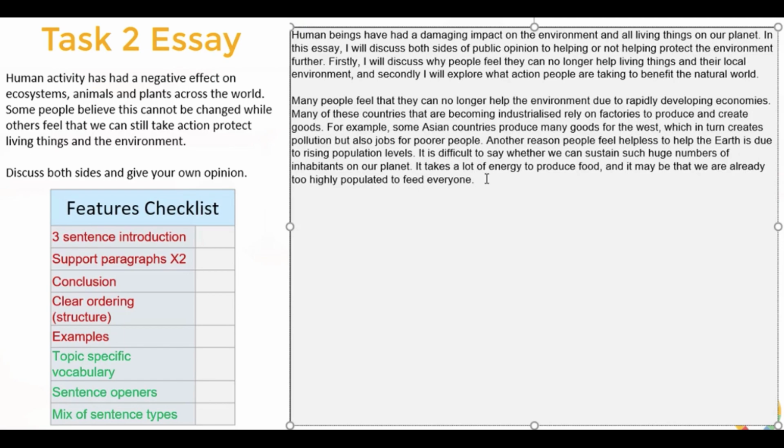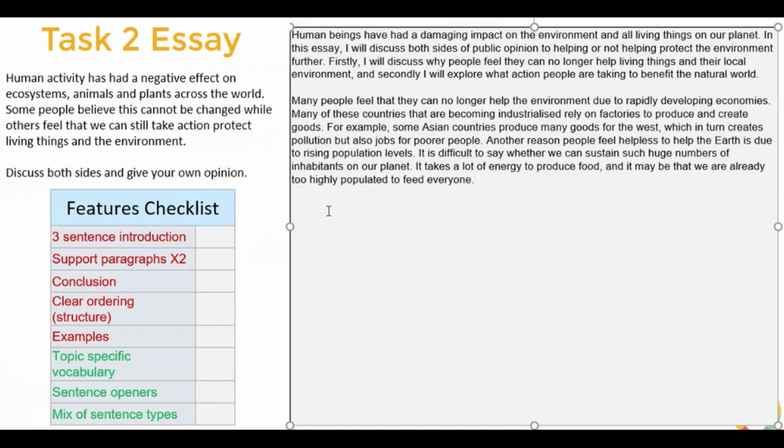Okay, so let's move on to my second body paragraph, which is going to talk about people who believe we can still save the Earth. So in my plan, I think the first point I made was about solar energy. So let's talk about that. We'll create a topic sentence now to introduce the topic of solar energy.